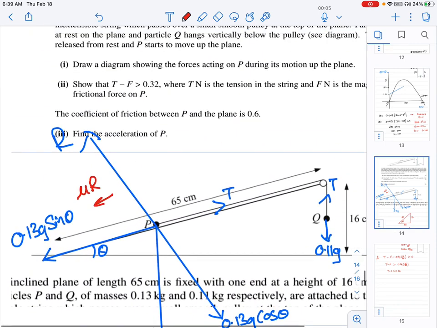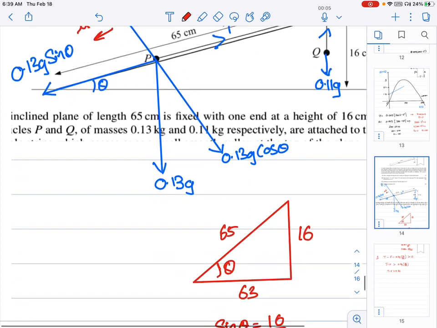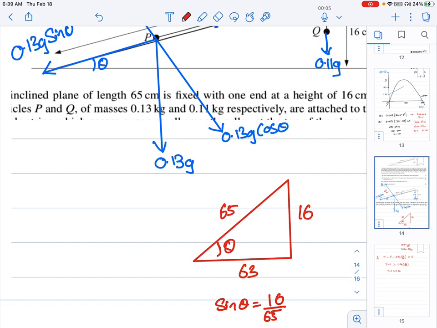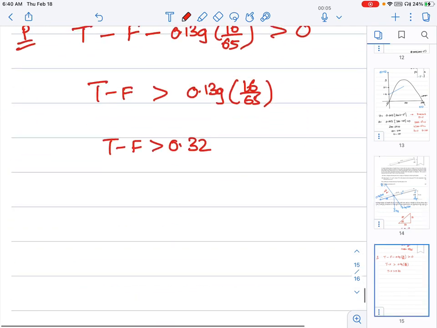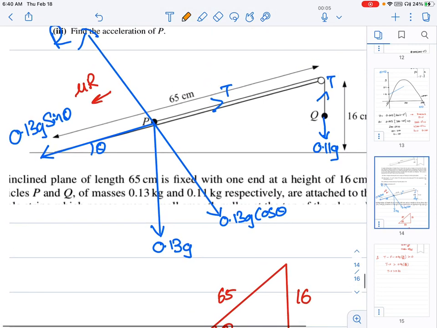Next part, what is he asking? The coefficient of friction is 0.6. Find the acceleration of the particle. So now we can see from the diagram that R is balanced by 0.13 G cos theta.